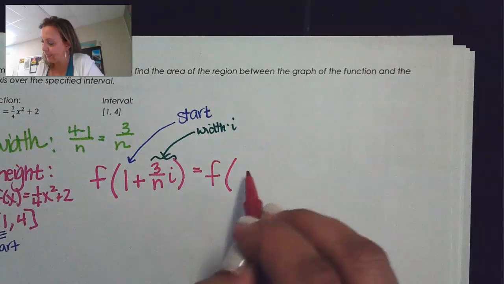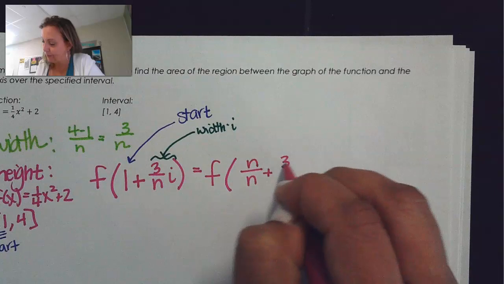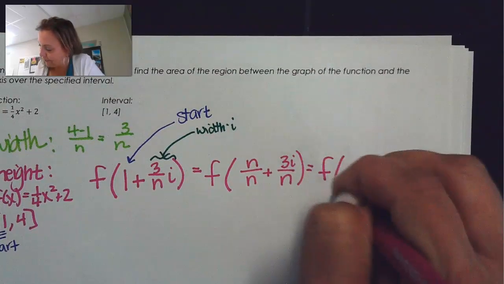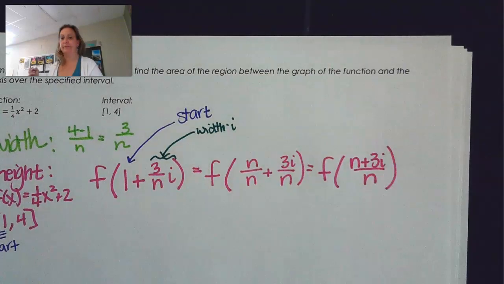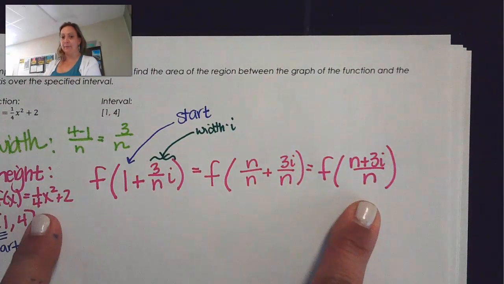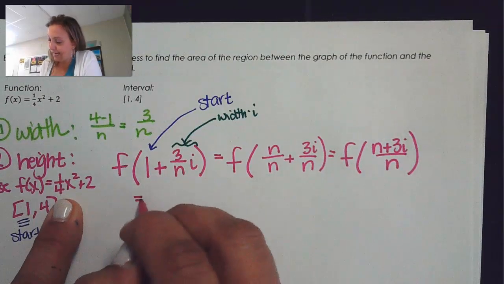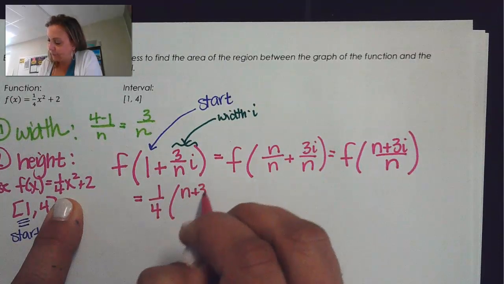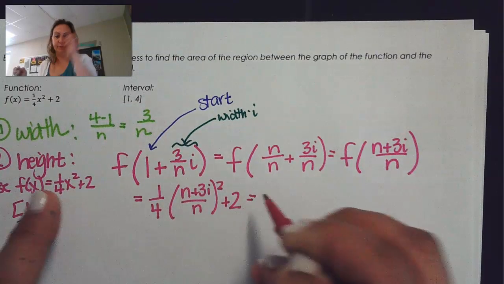So this, if we want a common denominator, is going to be n over n plus 3i over n. So what we're really doing is we're going to take f of (n plus 3i over n). And what that means is that we're going to put this in place of this x squared. So that means that we're going to have 1/4 of ((n plus 3i) over n) squared plus 2.